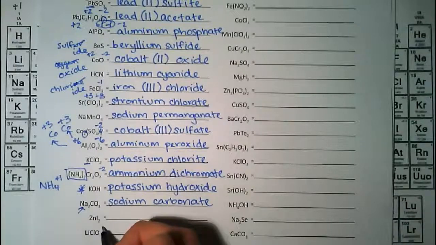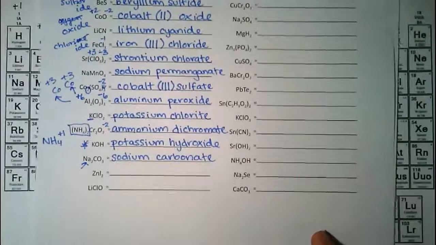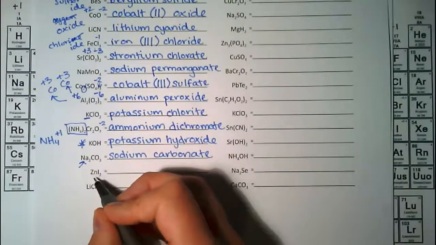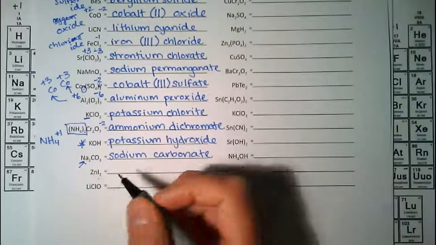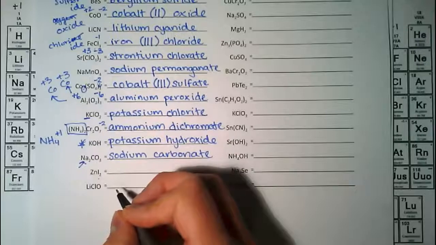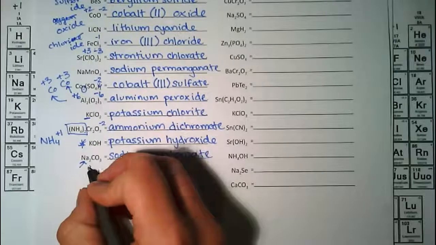Next up I have ZnI2. And so zinc is in that middle part of the periodic table where the transition metals are, but zinc is one of the exceptions to the transition metal rule. Even though it's in the transition metal section, it does not get a Roman numeral, as it always has a charge of +2.